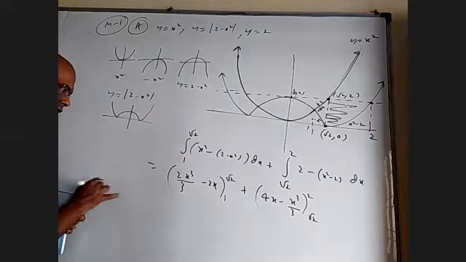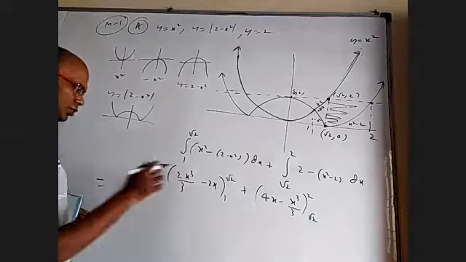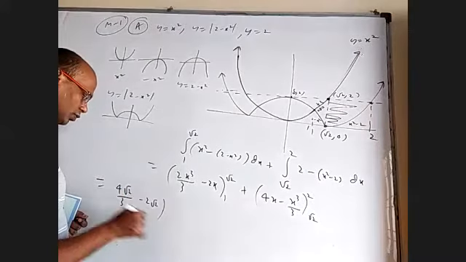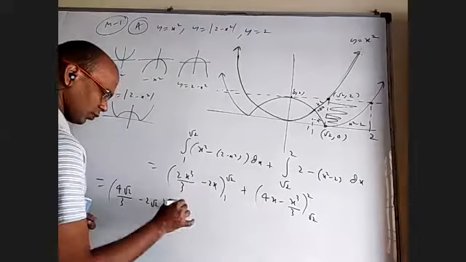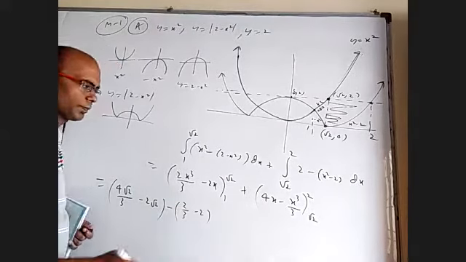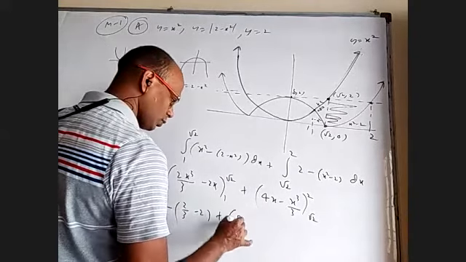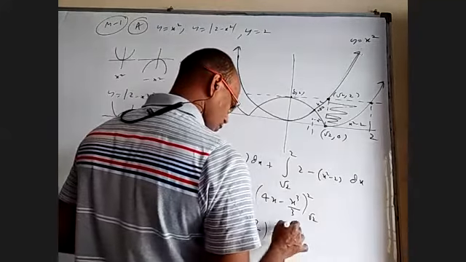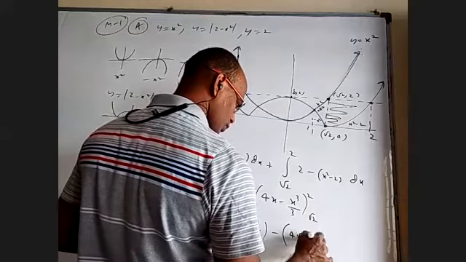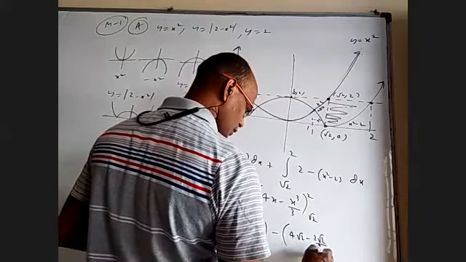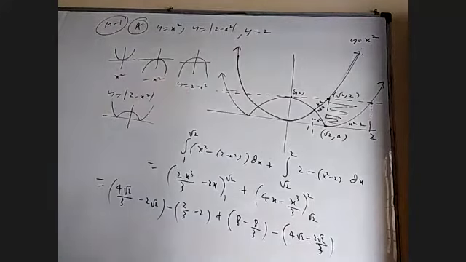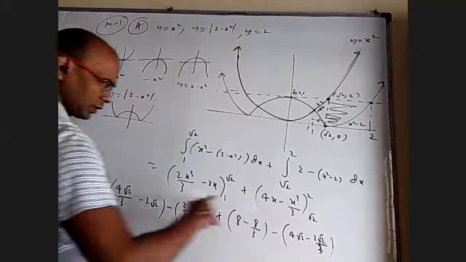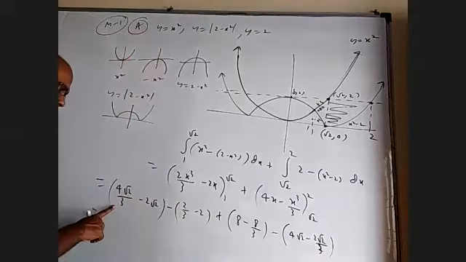We substitute. When I put root 2, it is 4 root 2 by 3 minus 2 root 2. When I put 1, it is 2 by 3 minus 2. Here when I put 2, it is 8 minus 8 by 3. And when I put root 2, it is 4 root 2 minus 2 root 2 by 3. This is 4 root 2 by 3 and here 6 root 2 by 3. That's going to be 2 root 2.